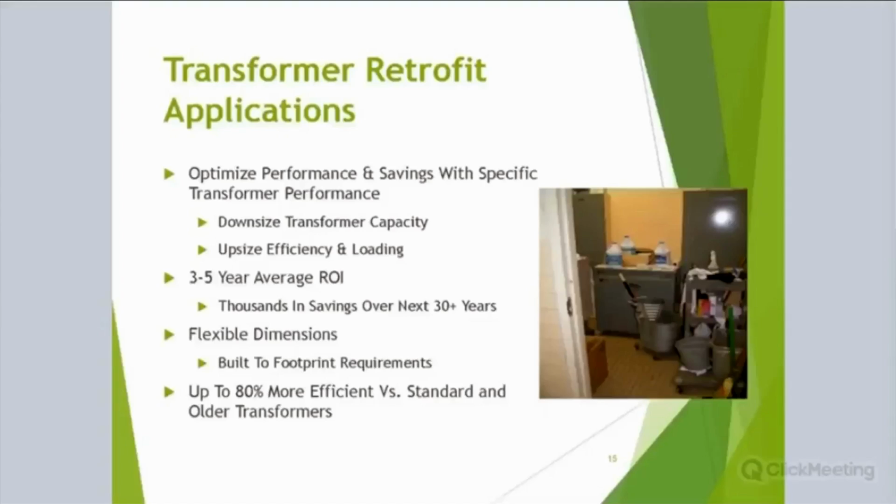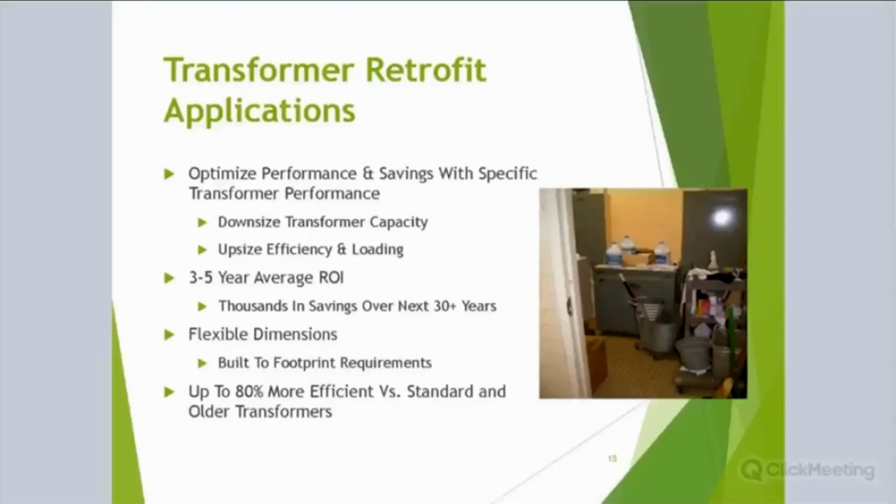All of which, when you do that and do it properly, yes, the new transformer is a capital cost to replace the old transformer. But even with the cost of that transformer, the amount of energy it could save you, before you go and purchase the transformer, we could calculate this out. The amount of energy it saves you will more than pay for that unit over the course of its life.